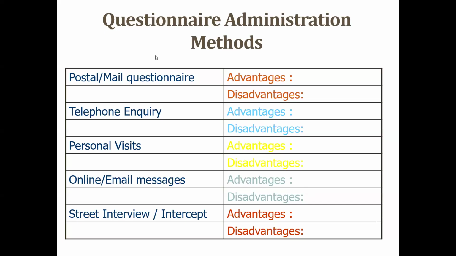So let's continue by looking at telephone inquiry. With telephone, you can conduct your survey by calling the target respondents and reading out the questionnaire instrument to them for them to respond for you.